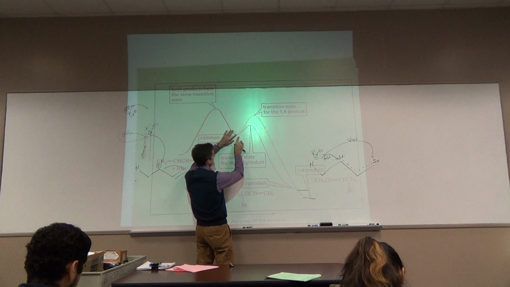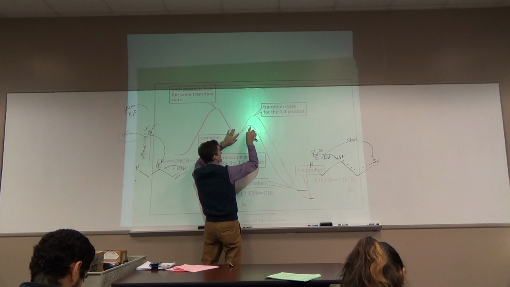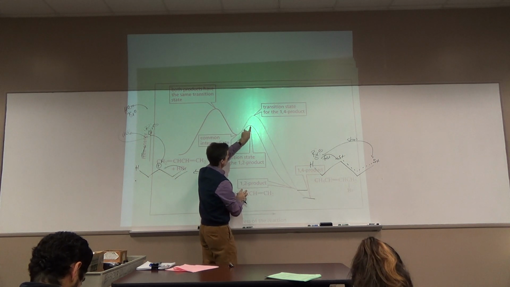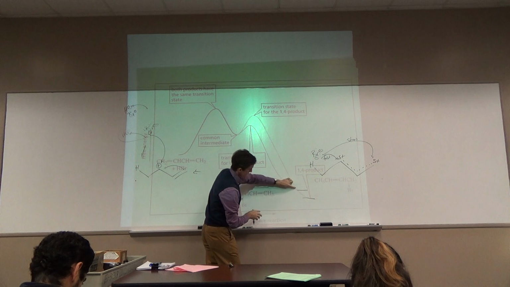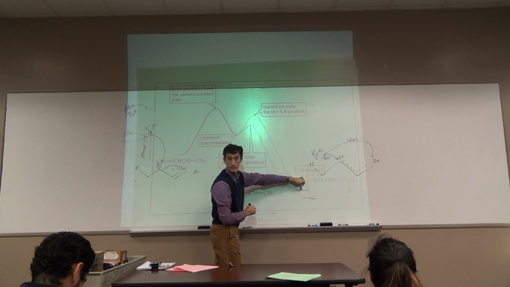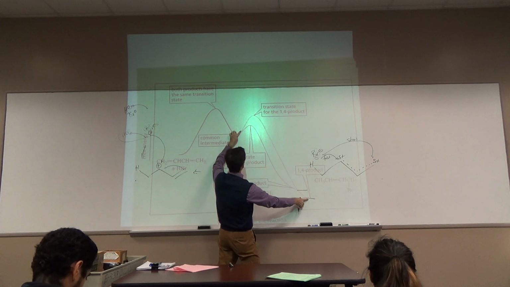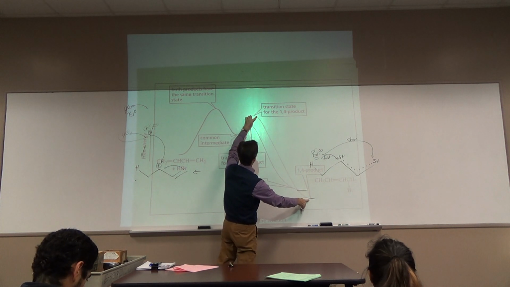So what we have is two different transition state energies. The energy it takes to do the reaction to get here. 1,2 is lower. But here it's the higher energy product though. To get to the more stable product, you have a higher transition state because why?